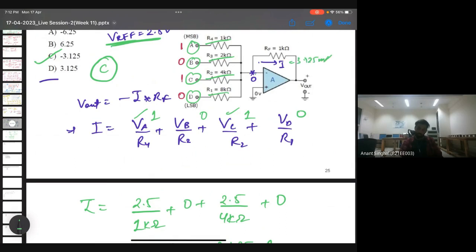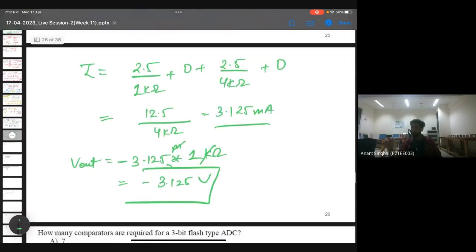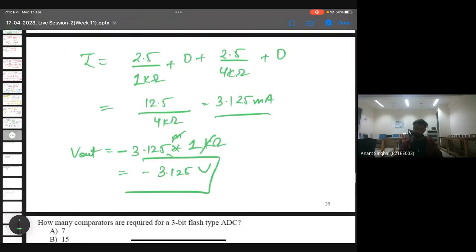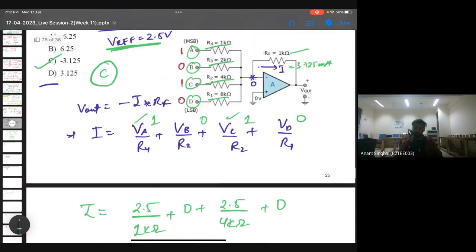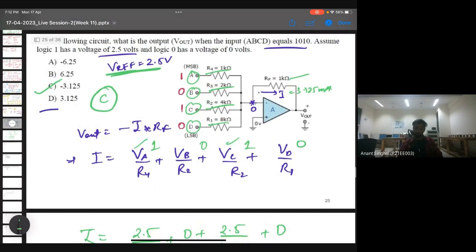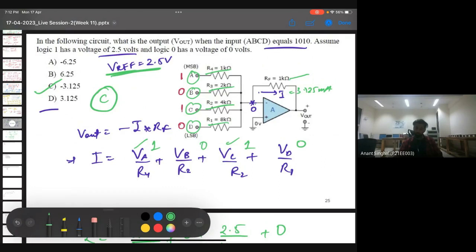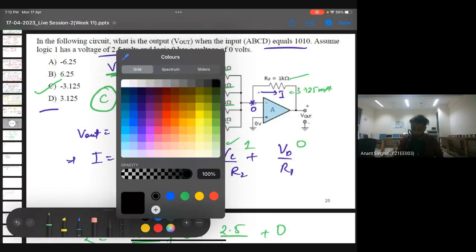Then this is multiplied with the resistance to get the final output, which comes out to be minus 3.125 volts. So this is also quite a good question, so you need to understand it quite well. Now we'll proceed to the next question.